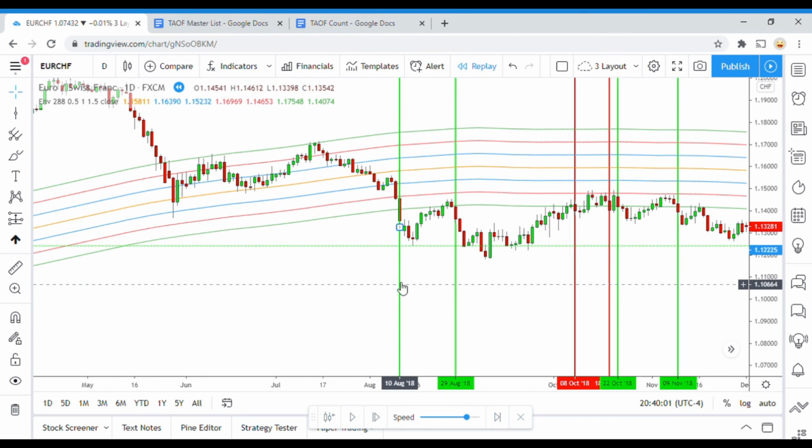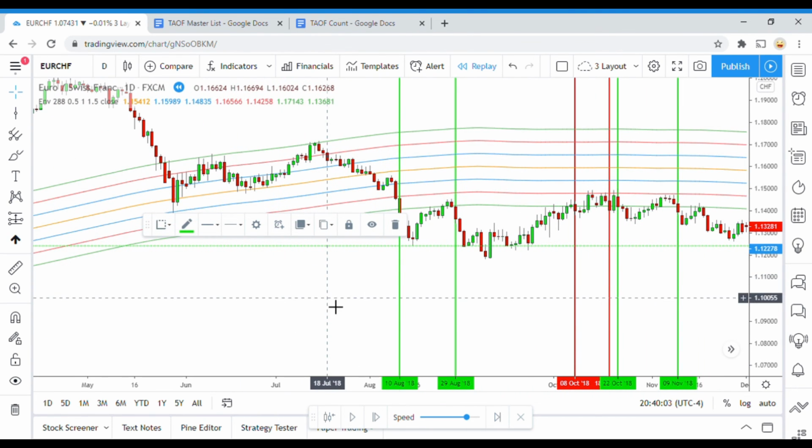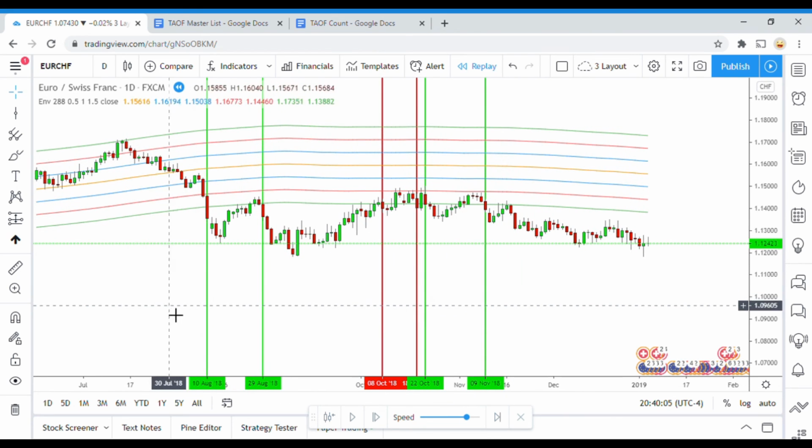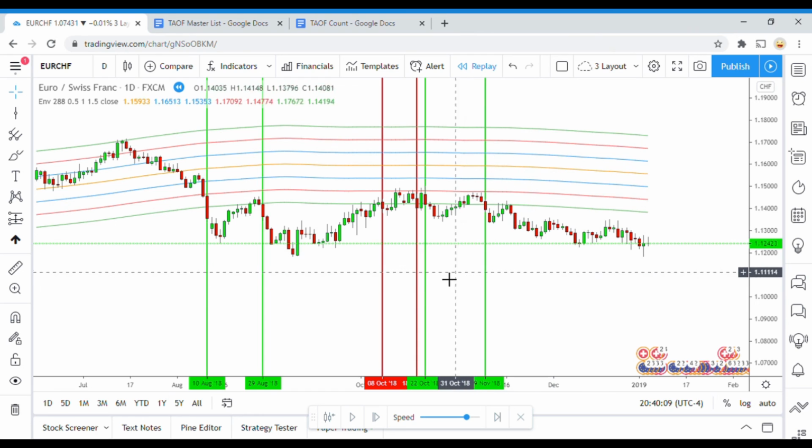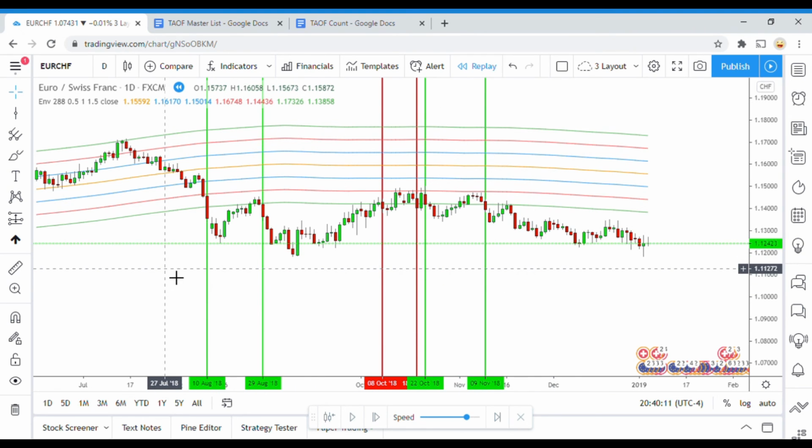And boom, we're at the end of the year. And so, oops, grabbed one of them there. So there we go. We got 6 trades and 4 of them are winning trades. So it definitely fell within the 60% criteria.